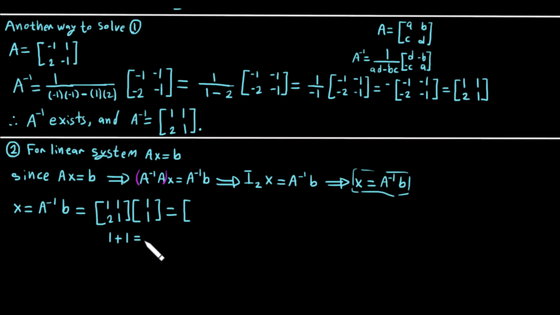So 1 plus 1 equals 2. So here I have to write 2. 2 multiplied by 1, which is 2, plus 1 multiplied by 1, which is 1. 2 plus 1 is 3. So here I have to write 3.